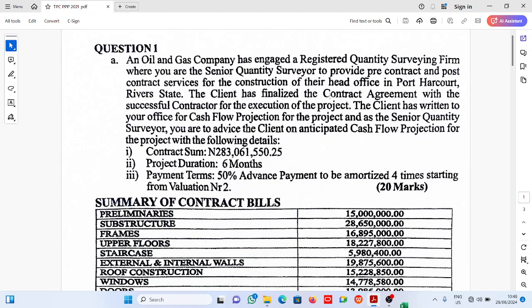The client has finalized the contract agreement with a successful contractor for the execution of the project. The client has written to your office for cash flow projection for the project, and as the senior quantity surveyor, you are to advise the client on anticipated cash flow projection for the project with the following details.